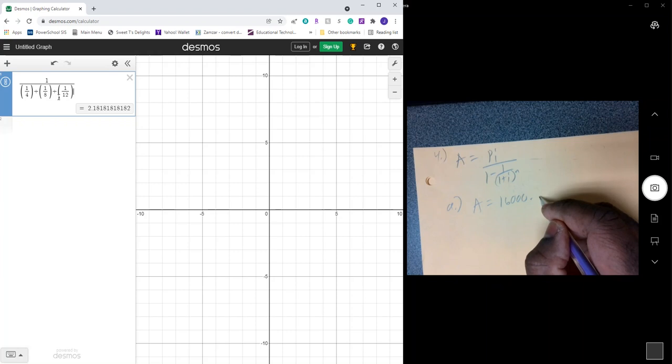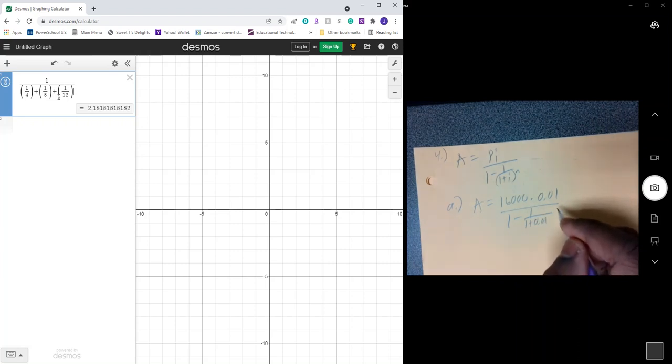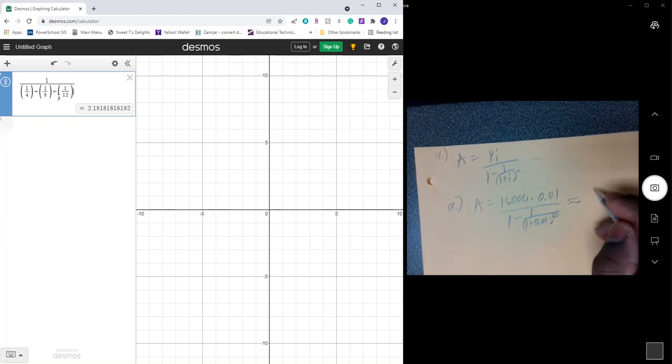The interest they say is at 1%, so that'd be 0.01, all over 1 minus 1 over, and then we would have 1 plus 0.01, and then that'll be taken to the 60th power because it told us over 60 months. Now, once you put all this in your calculator, it will give an approximate value of $355.91.